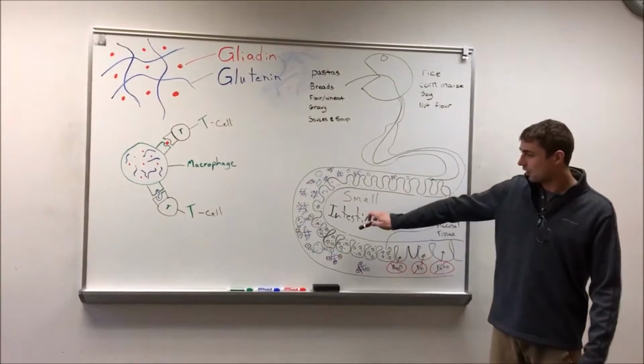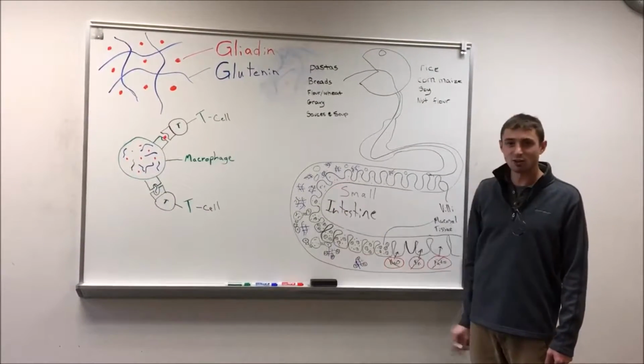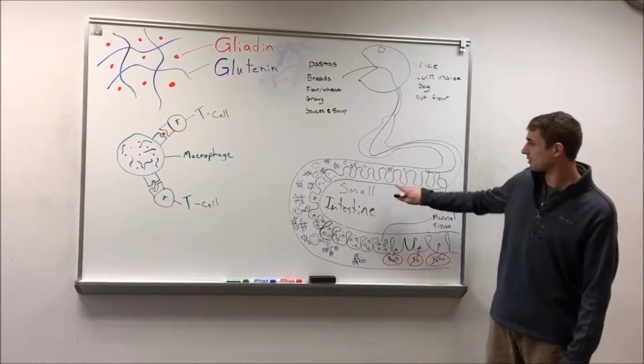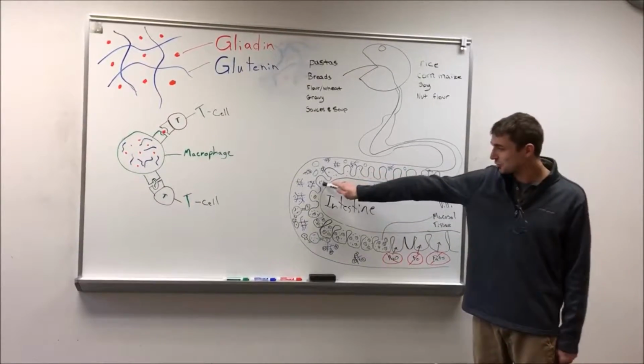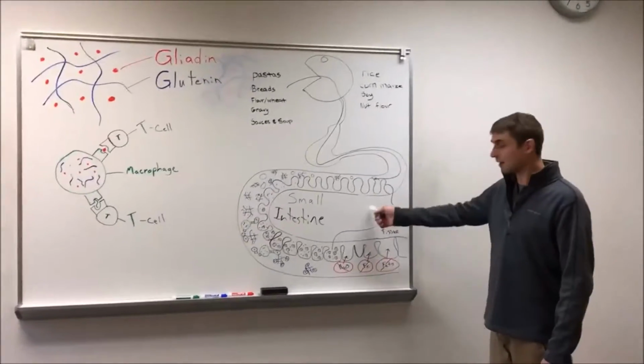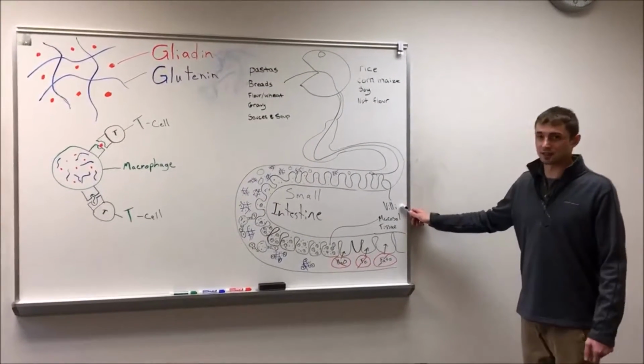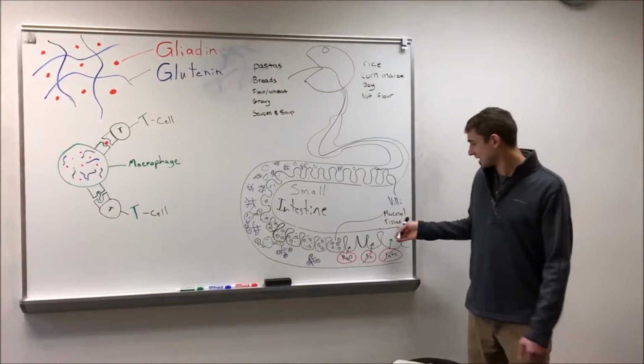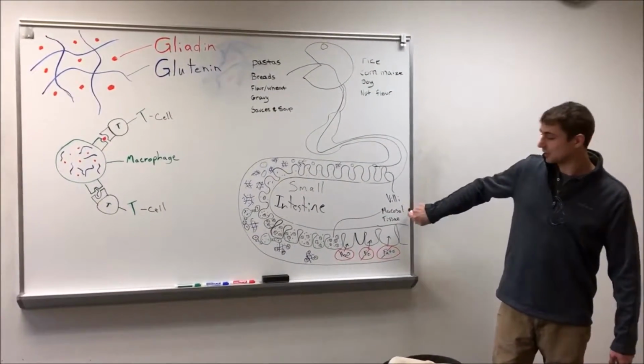Then these T cells call in more T cells that also attack small particles of glutenin and gluten that have been absorbed by the villi of the small intestine, harnessed in the mucosal tissue.